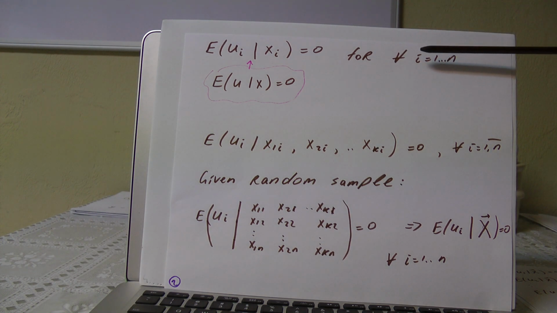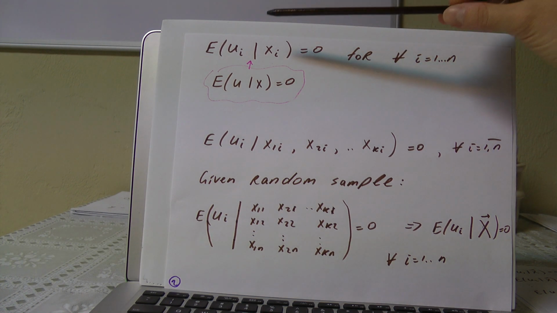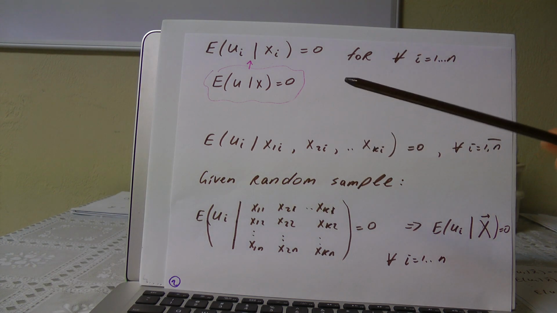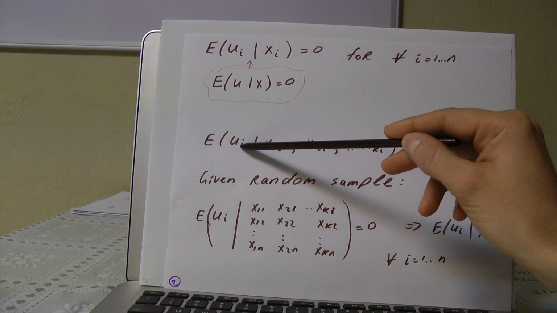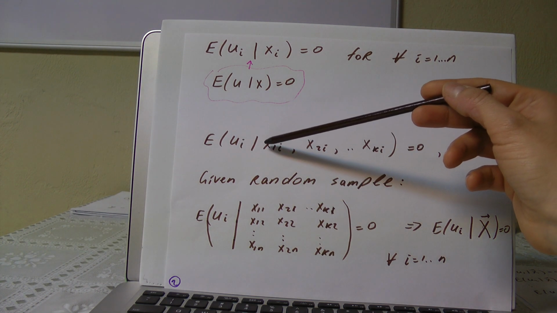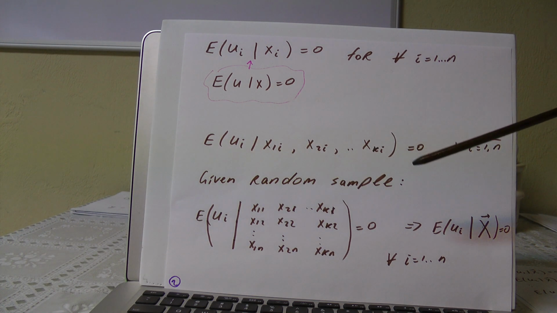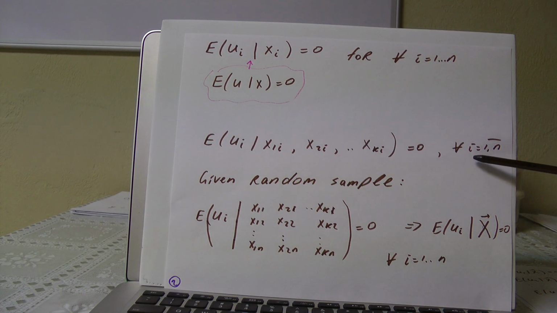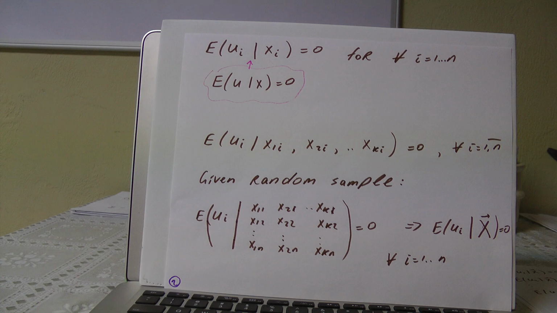Now, given we have k variables and not 1, a very quick extension would be to come to this line and say that the expectation of this one error, for any observation i, given that observation's first variable, second variable, up to the kth x variable, should be equal to 0. We could write this for observation 1, for observation 2, and all the way for observation n; for any observation that holds.